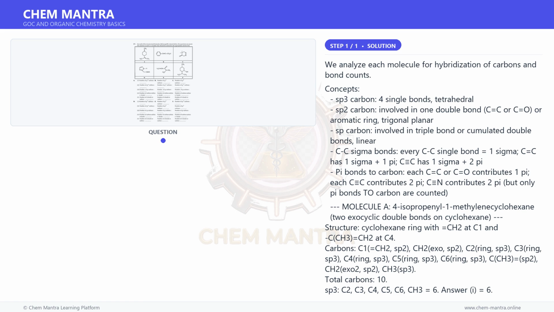With I = 1, the 1 sp3 carbon is the CH2 of cyanomethyl. With 2 = 3, the 3 sp2 carbons are C2 of the ring plus C4 and C5 double bond carbons. With 3 = 1, the 1 sp carbon is the C of CN.